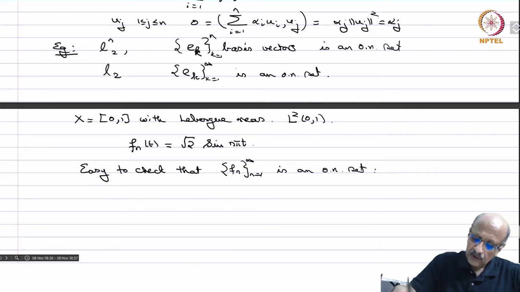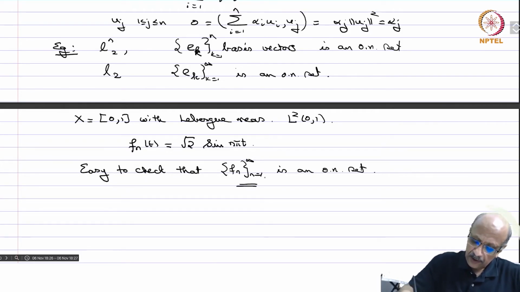So integral sine square n pi t from 0 to 1 will be 1 by 2, and therefore this will get cancelled, you will get 1. And if n is not equal to m, integral sine n pi t sine m pi t will be equal to 0, because that will be written as a difference of some cosines, and then you integrate, you will get 0.